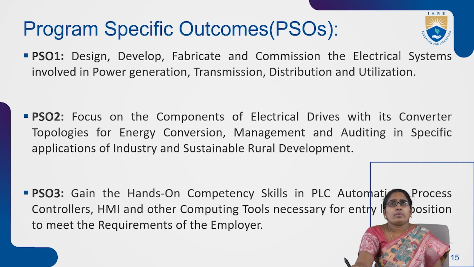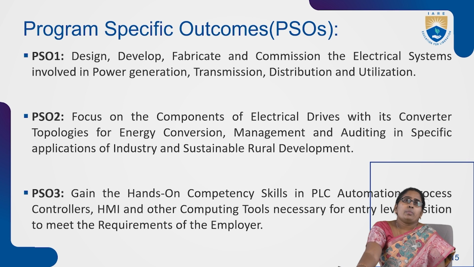So next, program specific outcomes. Program specific outcomes are also prepared by the head of the department in consultation with the faculty members. So the program specific outcomes for the EEE department are mentioned here. There are three PSOs under IARE institute only.